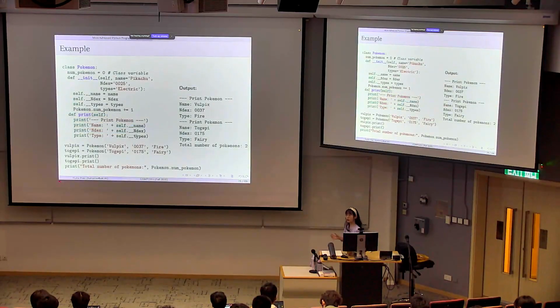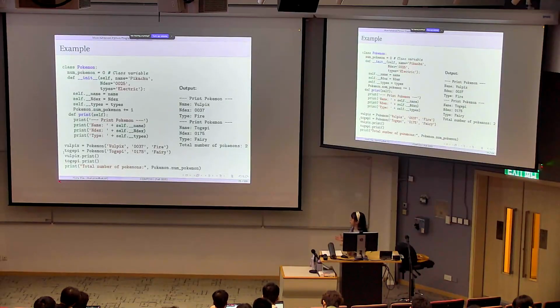All right, this is how we define a new class Pokemon with the class variable num_pokemon. Then let's see how we will use that. First, we create an object Wartortle from the class Pokemon, and we assign values to it. Then we create another object which is called Togepi.